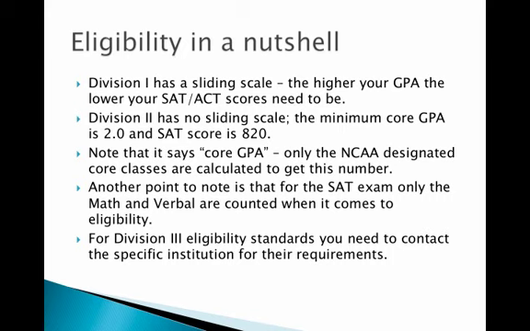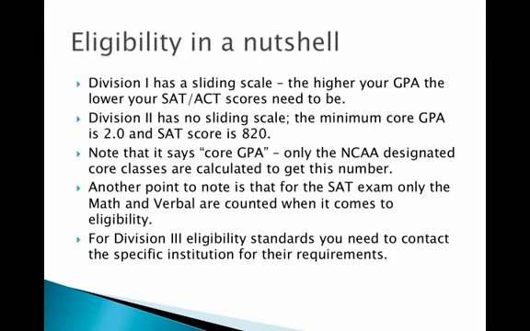Note that it says core GPA. Only the NCAA designated core classes are calculated to get this number. Another point to note is that for the SAT exam, only the math and the verbal are counted when it comes to eligibility. The above eligibility standards are the NCAA minimum, but in many cases they will not get you into the college of your choice.